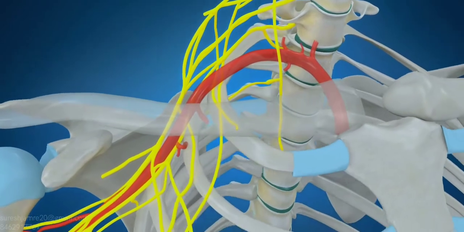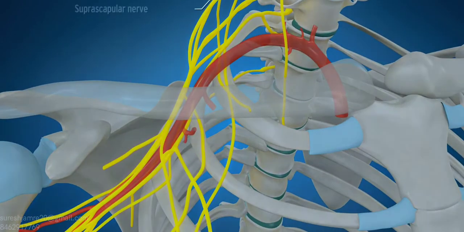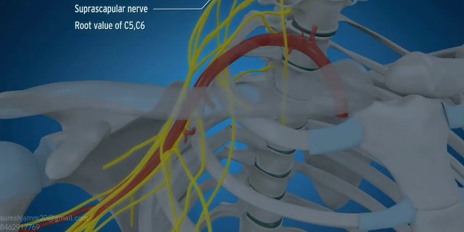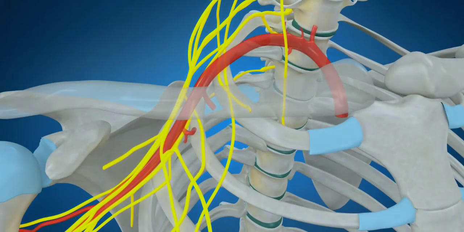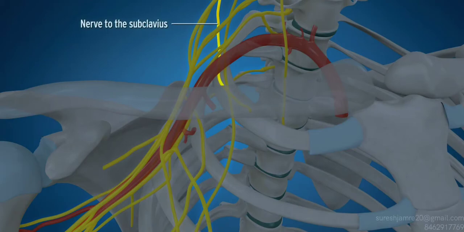Two branches arise from the upper trunk: the suprascapular nerve with a root value of C5, C6, and the nerve to the subclavius with a root value of C5, C6.